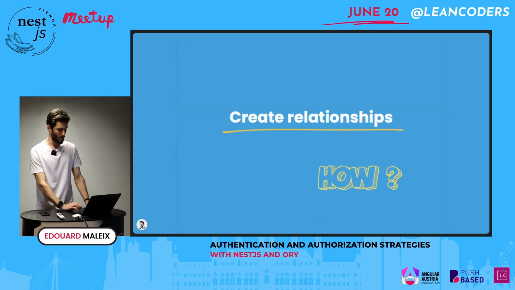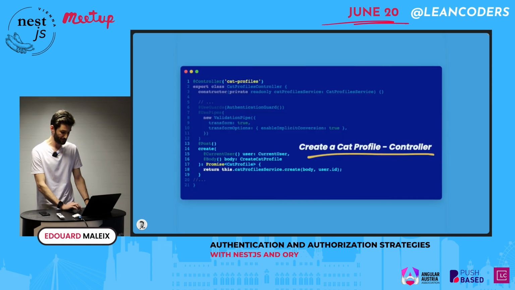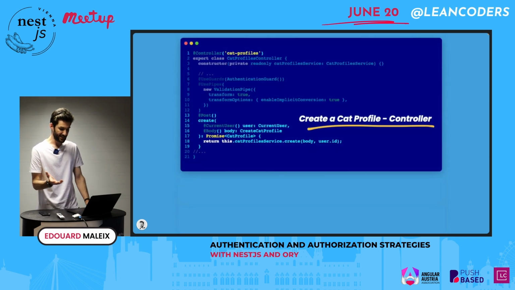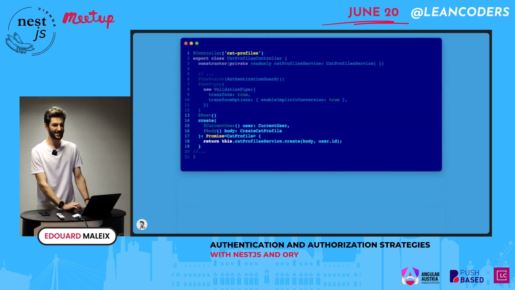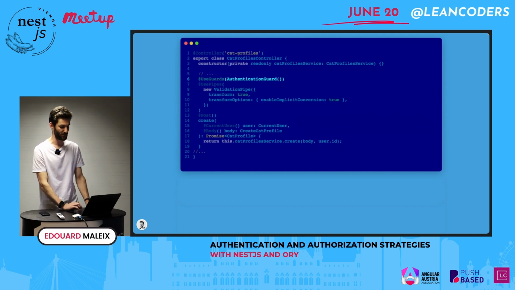So first of all, how to create relationships. Let's say that this newly created and signed in user wants to create a cat profile. It will call the given cat profile endpoint with a post request. We will of course check that the current user is authenticated correctly with this guard.